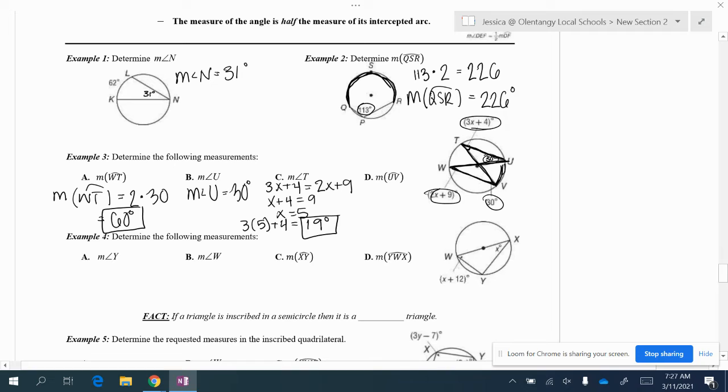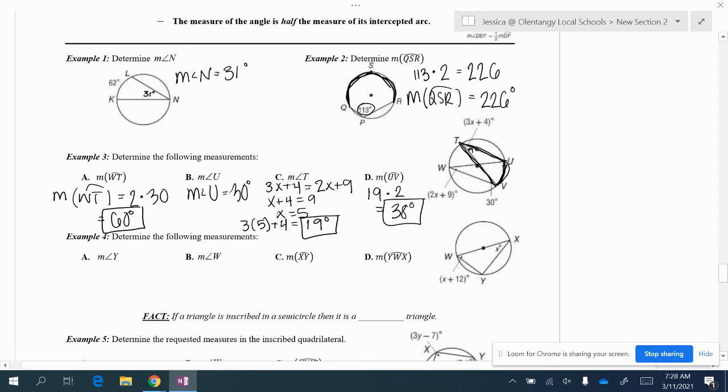Then let me erase all of this so we can see it a little bit better. If I know that this angle right here is 19 degrees, I need to find this arc. Well, the arc's always bigger than the angle, so 19 times 2 gives me 38 degrees.